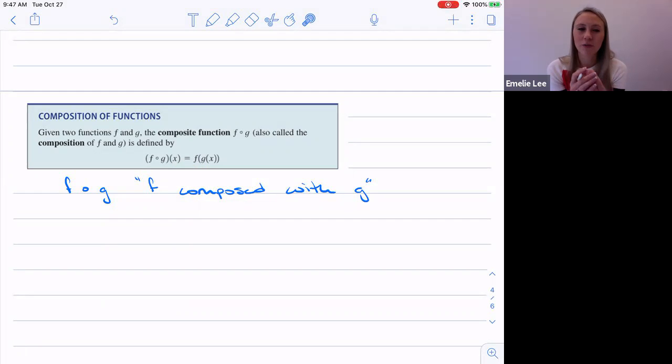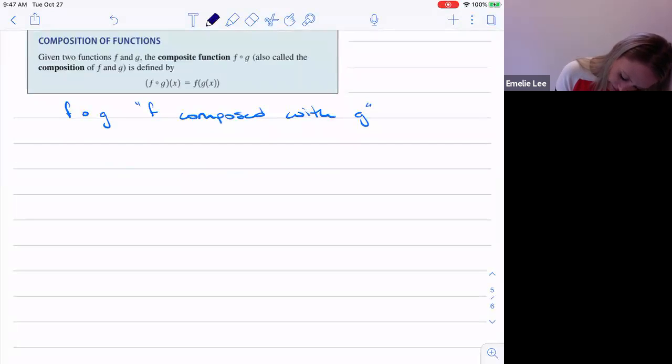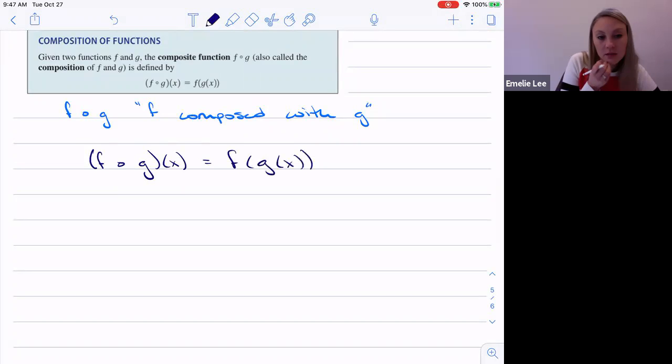We've actually done a few of these already, sort of, but we haven't done them like this explicitly. So here, f composed with g of x is the same as f of g of x.